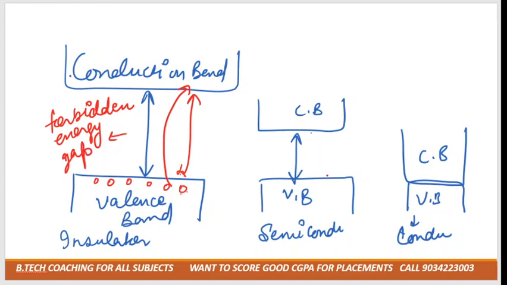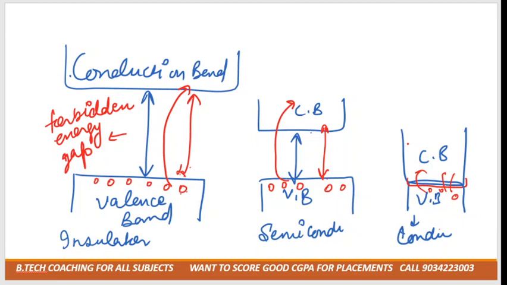Okay, and in a semiconductor the gap is less compared to the insulator, so some of the valence electrons will move to the conduction band and some of the valence electrons won't be able to move to the conduction band. Okay, clear? And in a conductor, as you can see, the bands are overlapping, so in this case valence electrons will easily move to the conduction band.